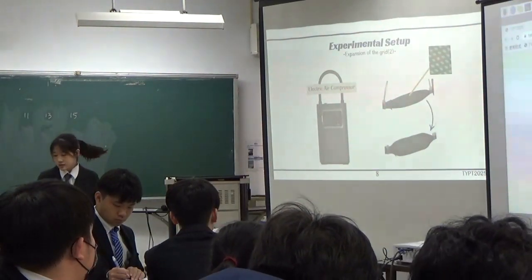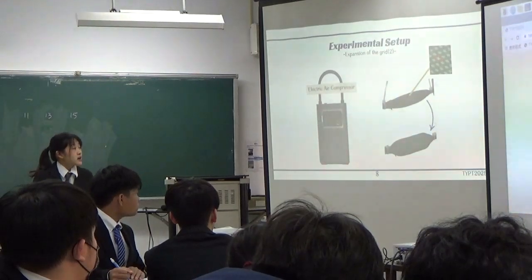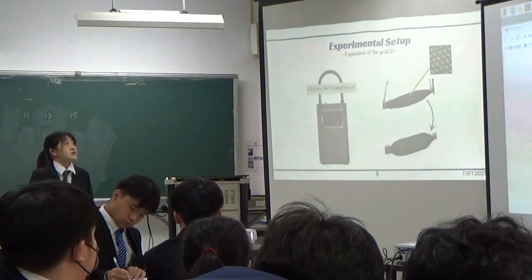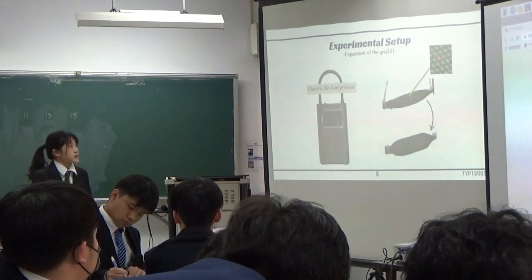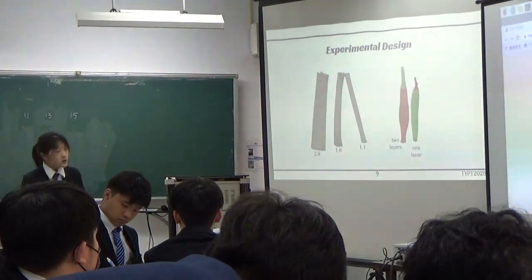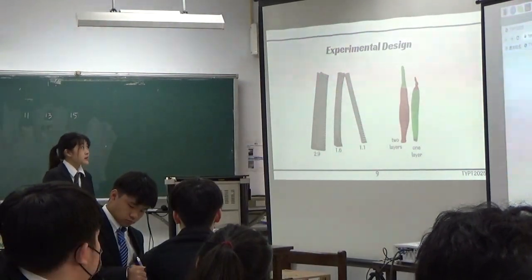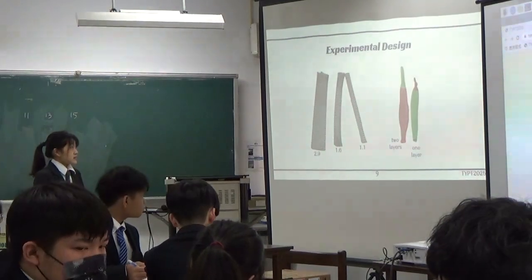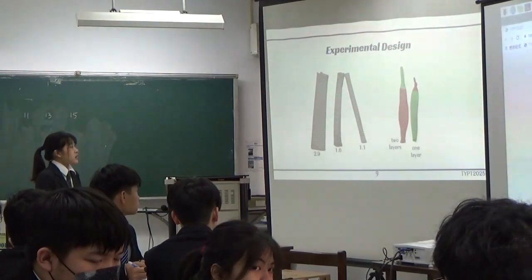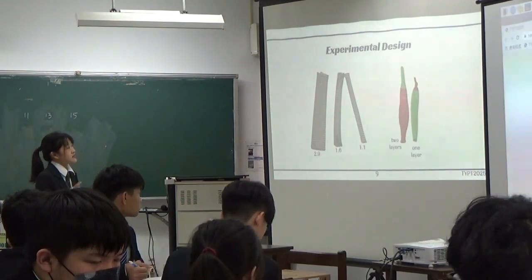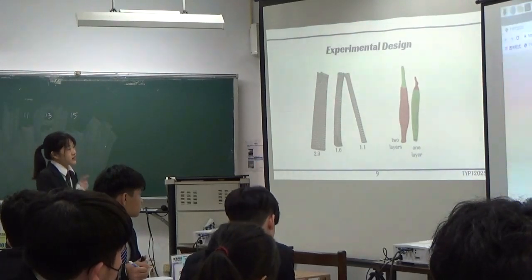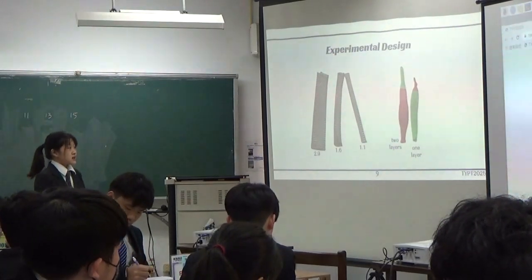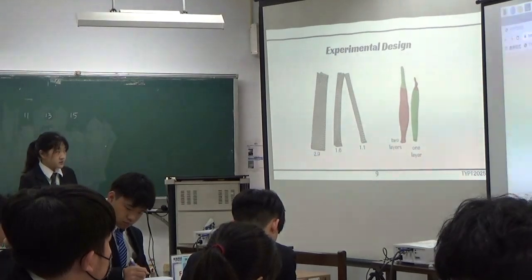Then I can double check whether the Young's modulus I calculated is correct or not. There are two variables in my experiment: one is the width of the net, and the other is how many layers of balloons I used.